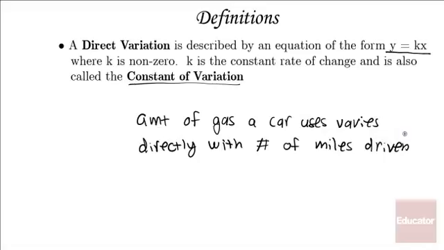In this case, the constant would be the mileage that the car gets, the miles per gallon of gas that the car gets. So this is an example of where direct variation could be applied.